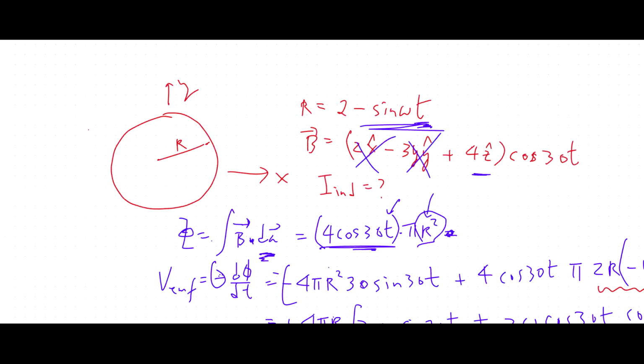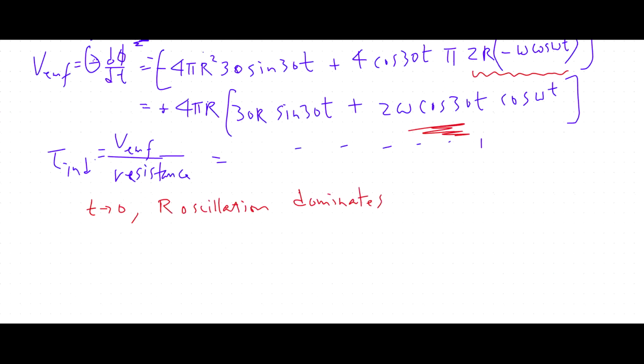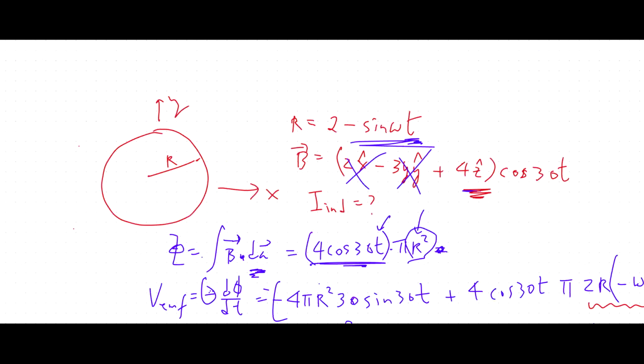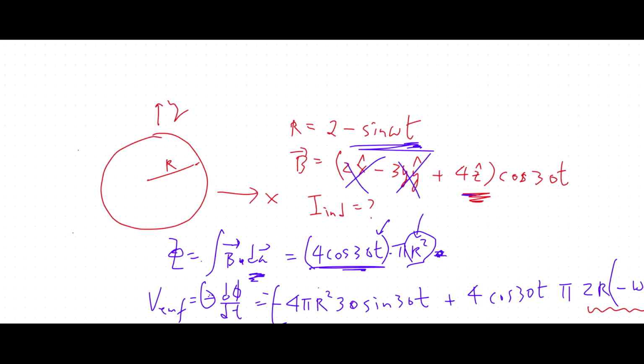So at t equal to 0, what's the direction of the magnetic field? Out, right? Come on, guys. Participate. Out, right? So the magnetic field is out. Okay. And the radius, is that expanding or contracting when t is 0?